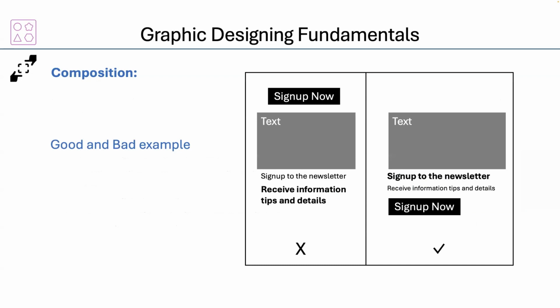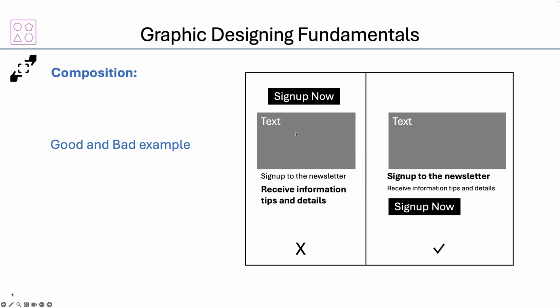For example, here is another example for composition. Say you want the viewers to sign up for something. In the first box, the top says sign up, then there is some text or explanation, then it says sign up to the newsletter, and then some bold text: receive information, tips and details.